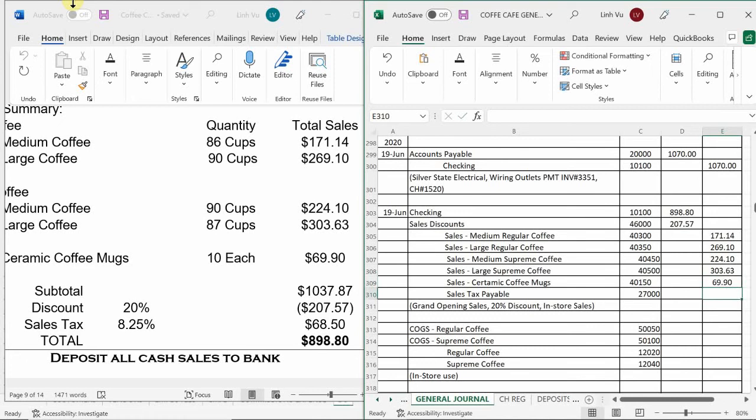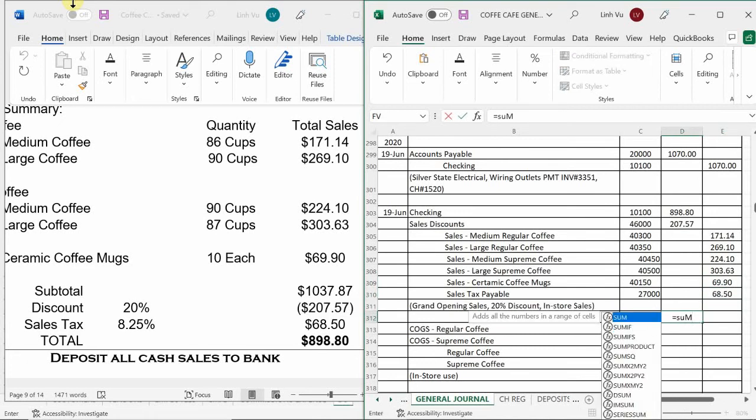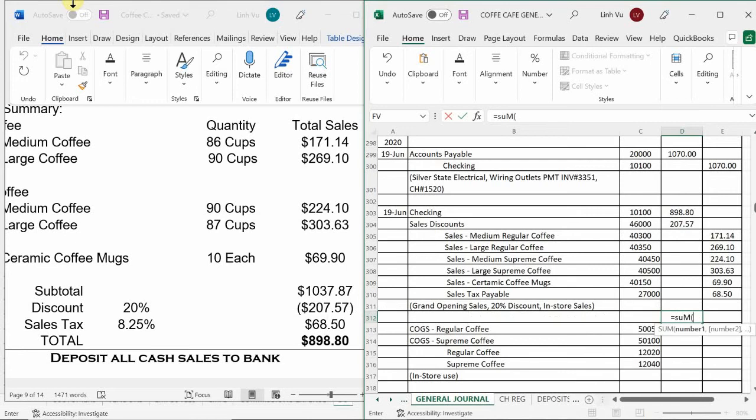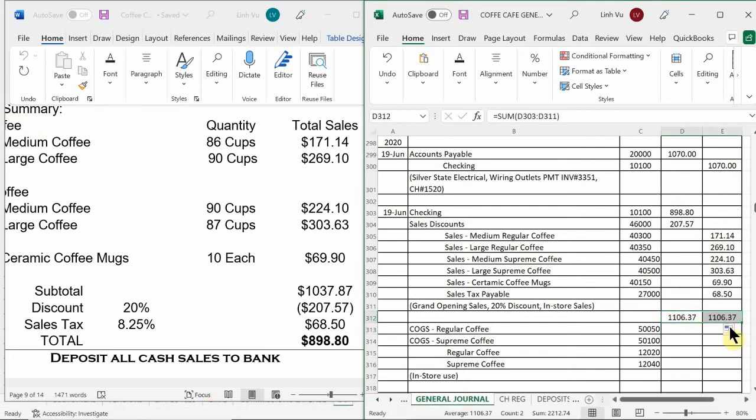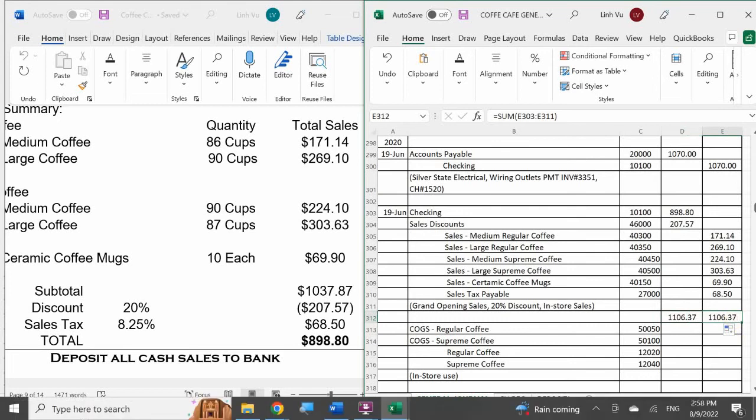And sales tax was 68.50. Okay, so I got a total of 1,106.37 on the left and a total of 1,106.37 on the right. So in this case, our journal is correct. No typos. Okay.